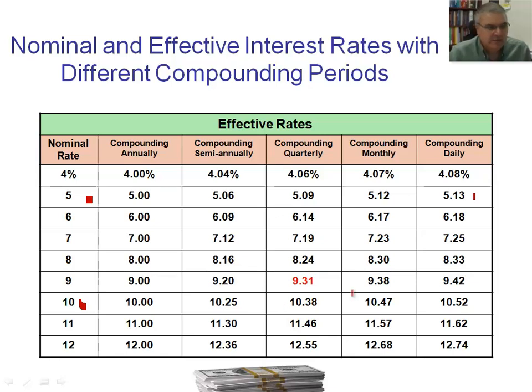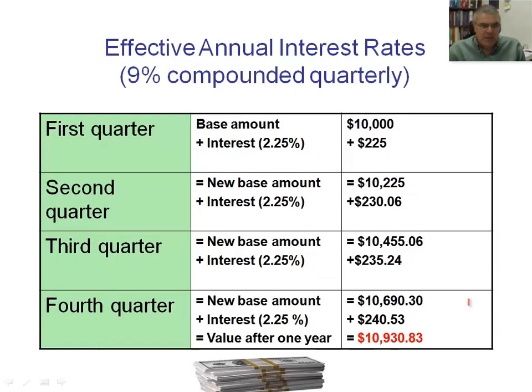So as you can see in this case, it's really a 0.5% difference. Think about millions and millions of dollars that would be affected with such a method, from compounding annually all the way to compounding daily.